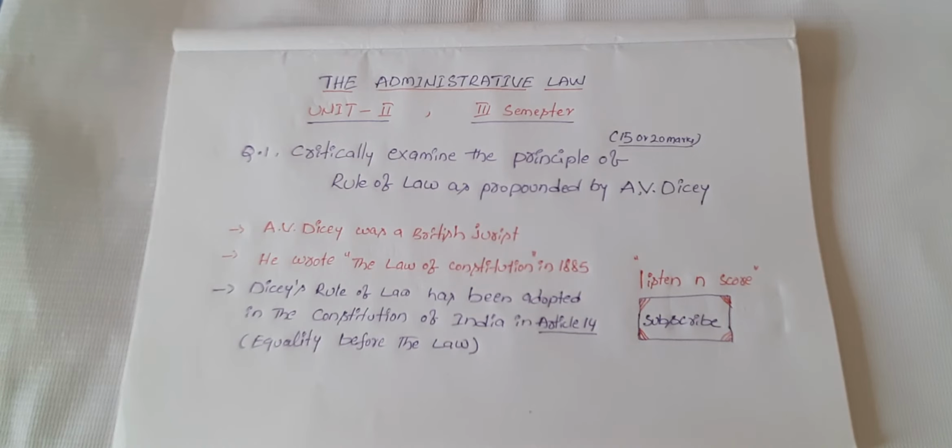Number five, Magna Carta says, no free man shall be taken or imprisoned or disseised or outlawed or exiled or in any way ruined, nor will we go or send for him, except by the lawful judgment of his peers or by the law of the land.